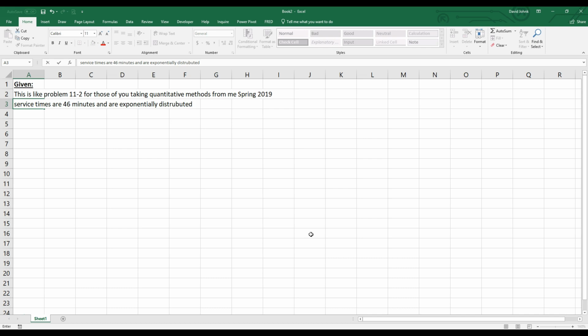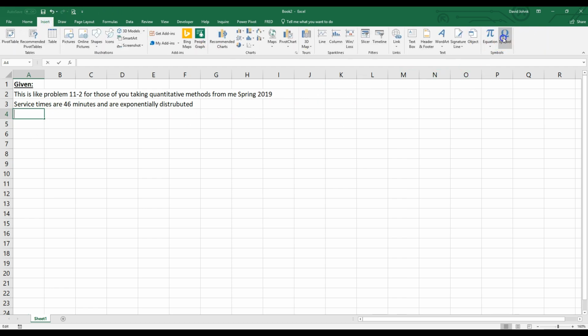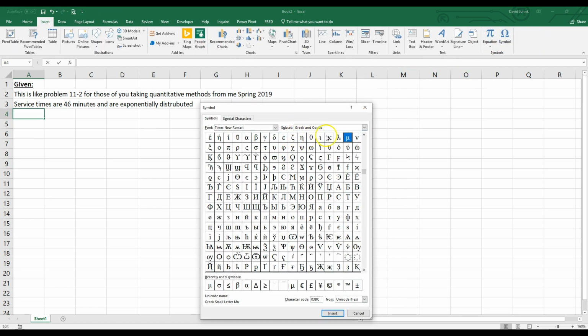Okay, so that's what we're given, and so we'll use mu as service time. I'm going to go ahead and insert the actual symbol. I'm going to go to symbol, and the Greek and Coptic mu is right here. So I'm going to click on that and go insert.